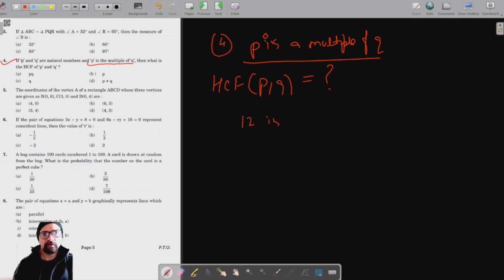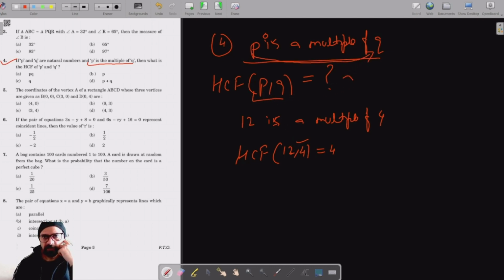If 12 is a multiple of 4, then the highest common factor of 12 and 4 is 4. So the smaller one is the HCF, and in this case P is a multiple of Q, so the HCF of P and Q is Q. The answer for this is C, which is Q.